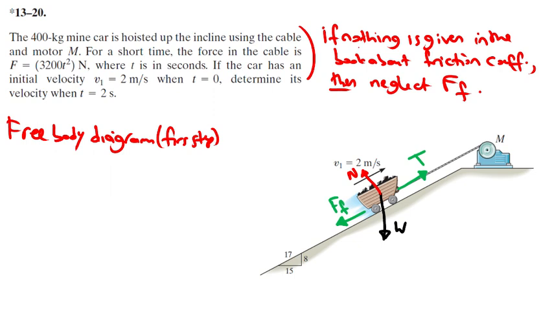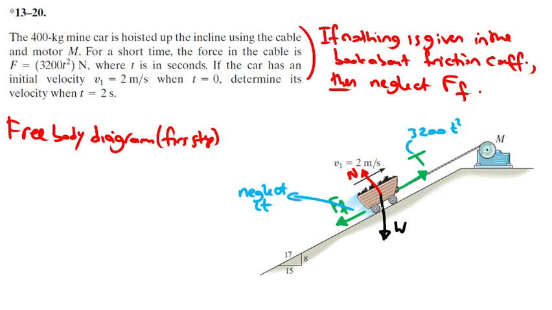That is the strategy in this book, because sometimes the book does not specify that you should neglect the frictional force. But in the book the strategy is that if it is not given, you can neglect it. So the t value is given as 3200, so this one is 3200 t squared. That's the tension in the cable. Friction value, I will neglect it. And then we have the weight, and then we have the V1.